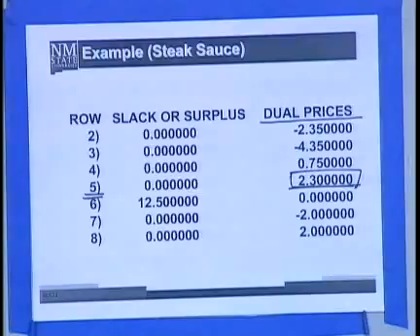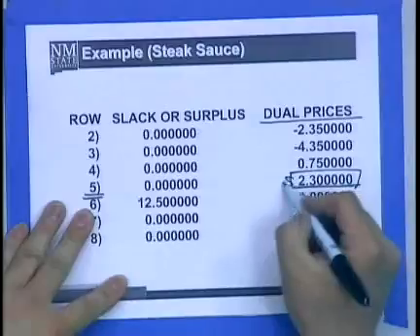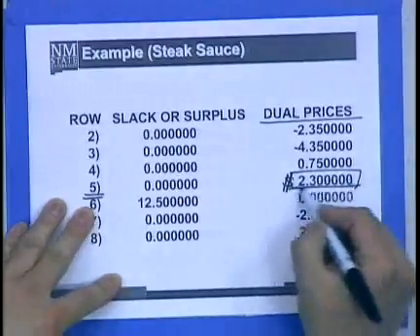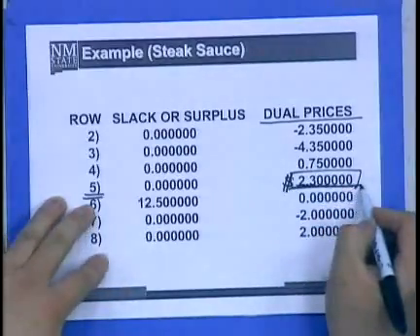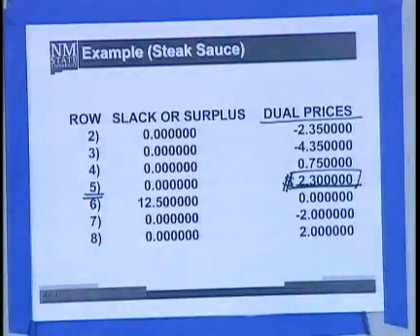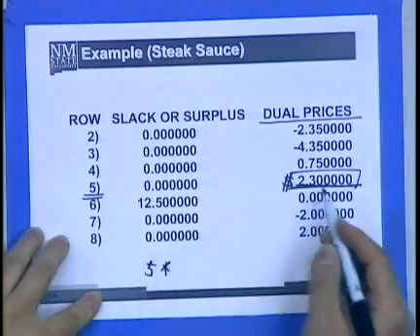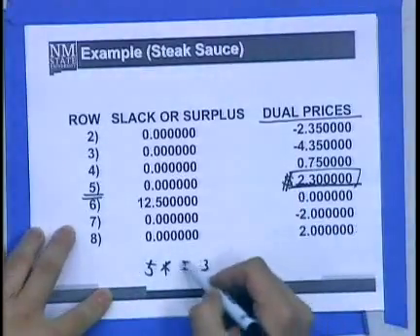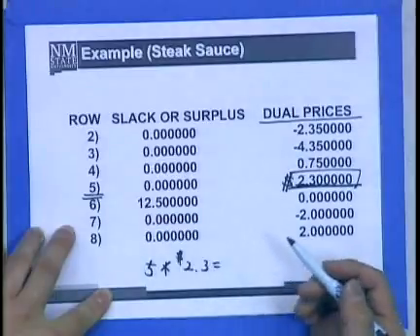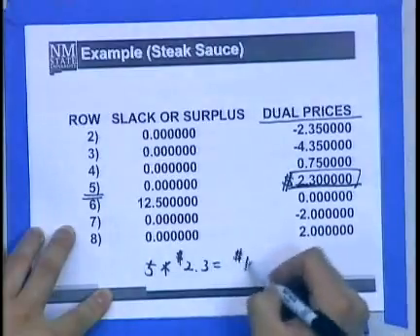So the profit will increase $2.30 per additional quart of ingredient B. Because the additional 5 quarts are available, the profit will be increased by 5 times $2.3, which is 11.5.